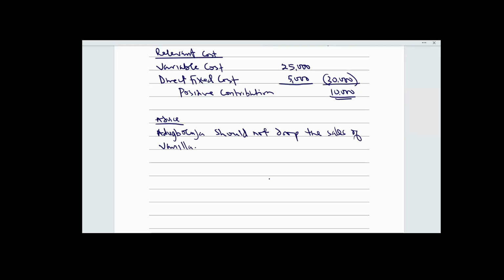Why? That is not sufficient for you to just say Adigboduja should not drop the sale of vanilla. Why should they not drop the sale of vanilla? So you can proceed.